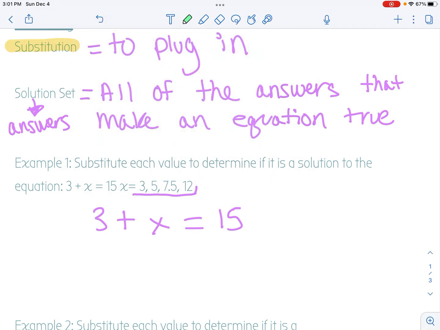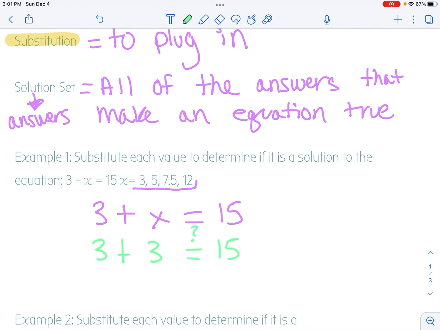Instead of 3 plus x, I'm going to do 3 plus 3. Does this equal 15? 3 plus 3 is 6. This does not equal 15, so 3 is not part of the solution set. I'm going to cancel that out up here.